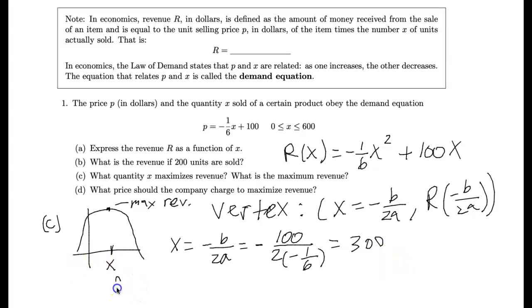And now we'll find R of 300, which is going to equal -1/6 times 300 squared plus 100 times 300.